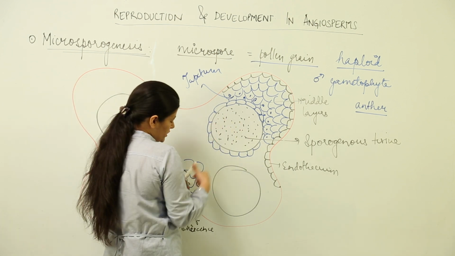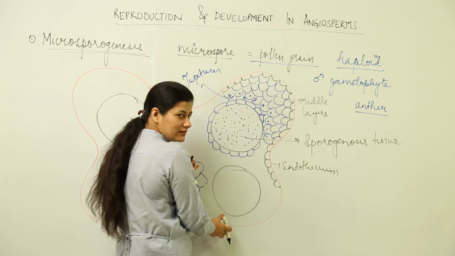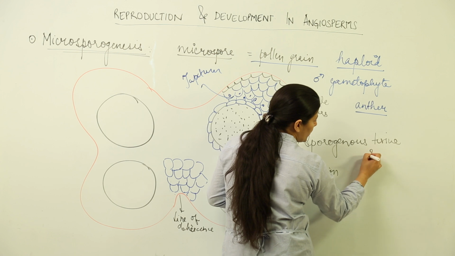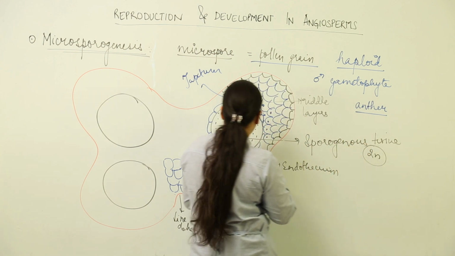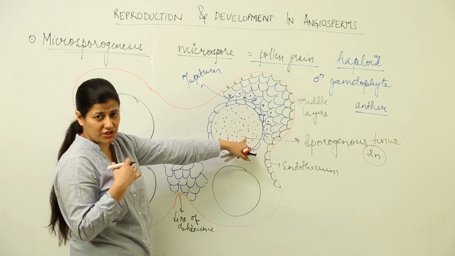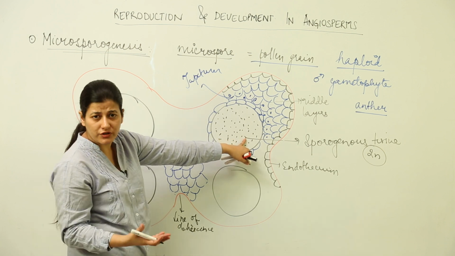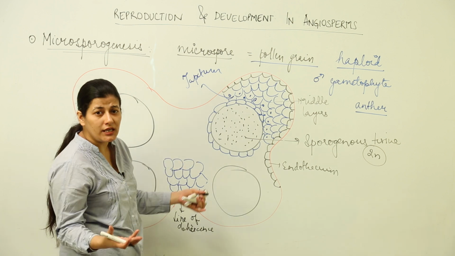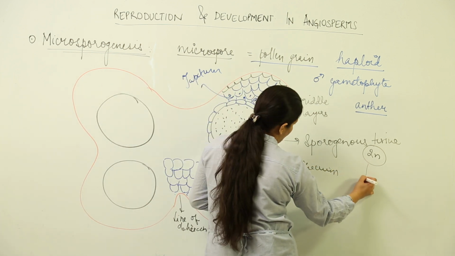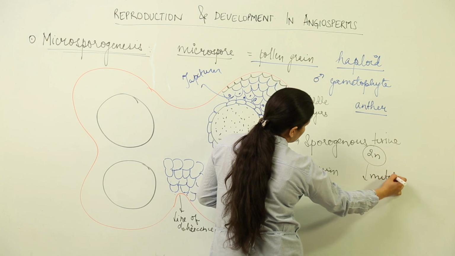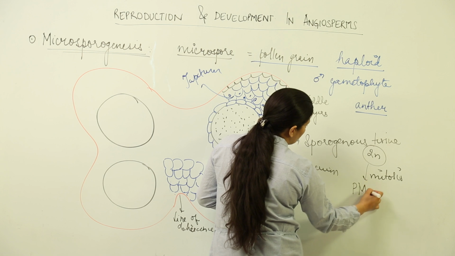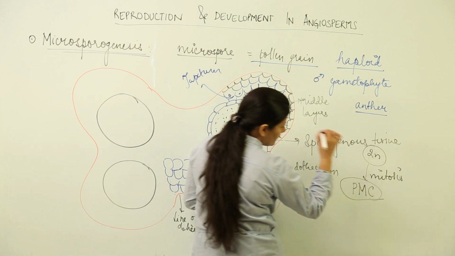Now this sporogenous tissue, as you know, this entire anther is sporophytic part, so the sporogenous tissue is 2N. That means it is diploid. Now what happens inside this sporogenous tissue is that it undergoes differentiation. It forms many mitotic outcomes. That means it undergoes lots and lots of mitosis. It forms many pollen mother cells.